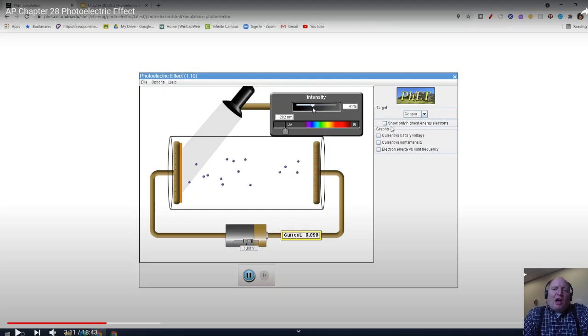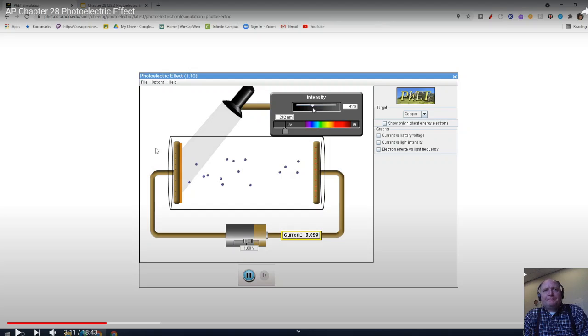Because very often the calculation you're told to do when you're doing this sort of work function stuff with the photoelectric effect is really only predicting what the highest energy electrons, actually I guess it's going to be the lowest energy electrons, are going to achieve. So this is a really interesting checkbox. I think the rest of these are just different ways to see the results. I'm curious to see if she plays with these checkboxes, but so far she's really been able to use this diagram and this animation to really hit home the big ideas.